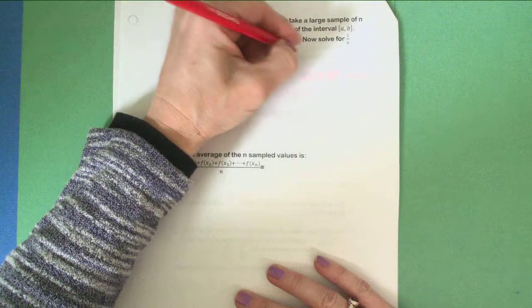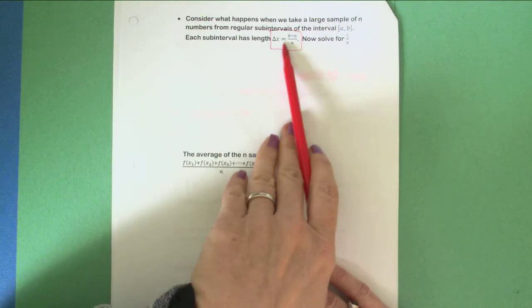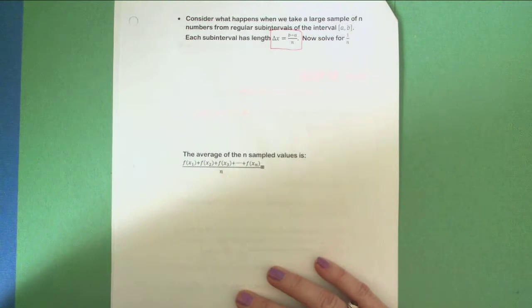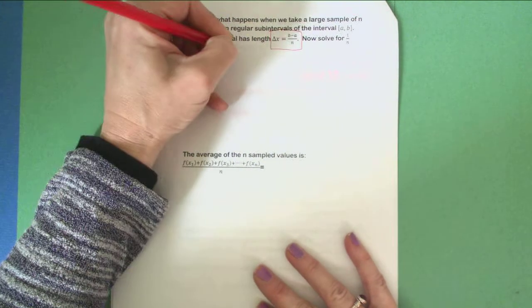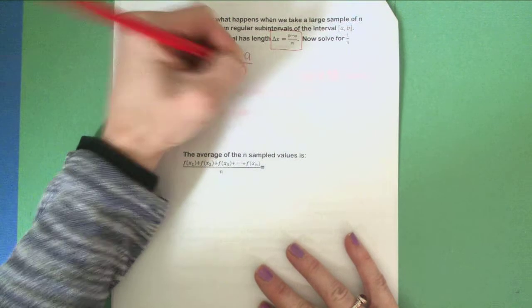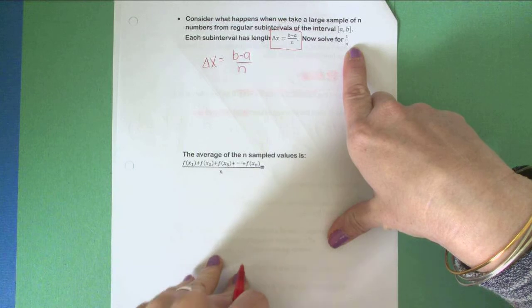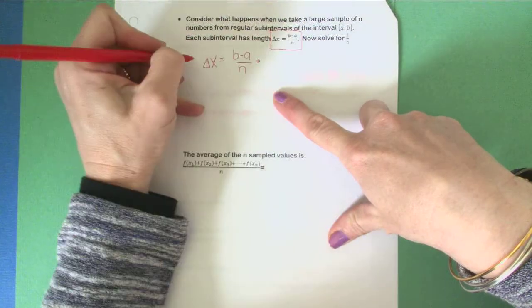But look what I'm having you do here. I want you to take this formula and solve it for 1 over n. So we're just going to use a little algebra. If delta x is equal to b minus a over n, and we want to solve this equation for 1 over n, then we can multiply both sides by 1 over b minus a.